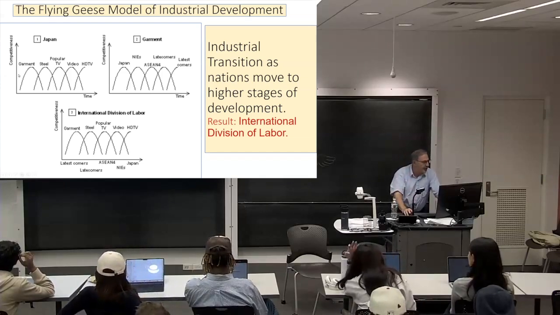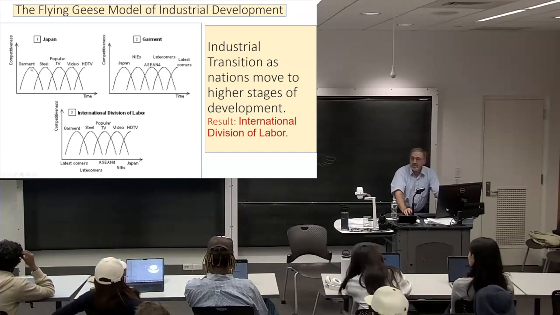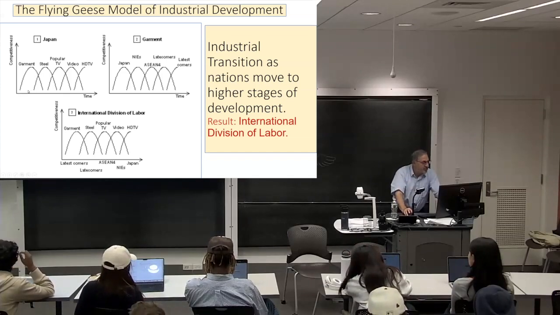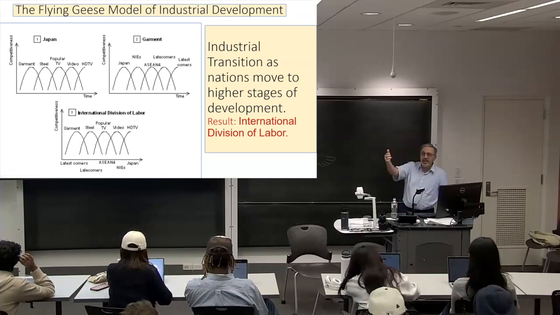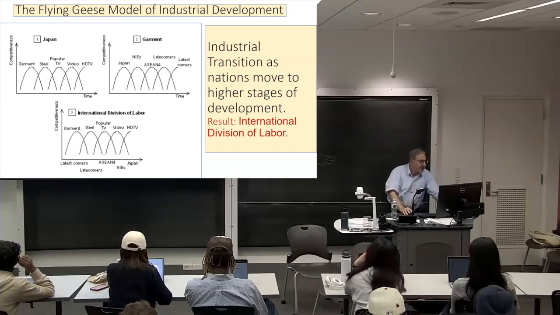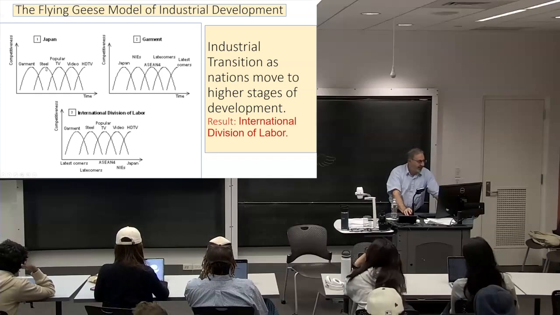When we look at production experience of Japan, production of garments increases and then declines. Why is it declining? Steel is increasing. Production of steel and its competitiveness reaches a peak. Japanese wages keep rising. Therefore, they are no longer suitable for steel. It becomes less competitive.